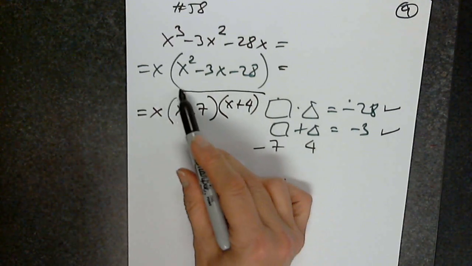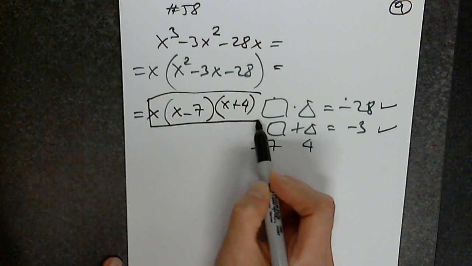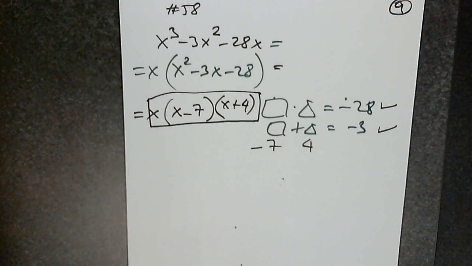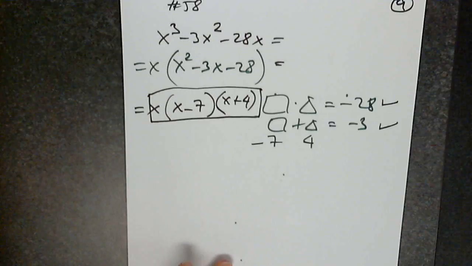Very good. So this is indeed the factored form. Do you think we can move on to the last strategy for trinomials, which is the most difficult one? Yes, of course. Let's say number 40.